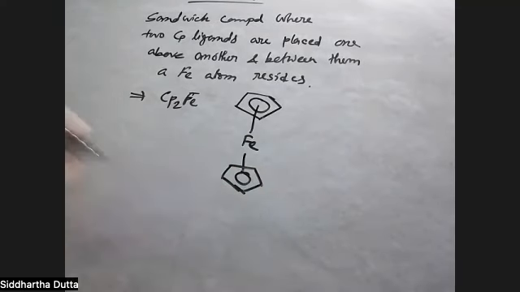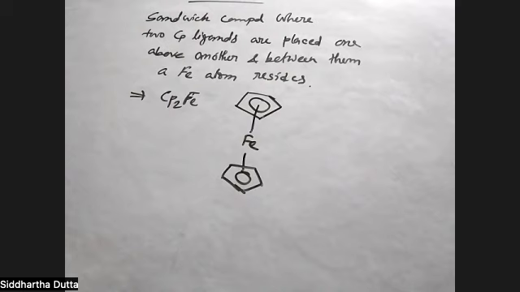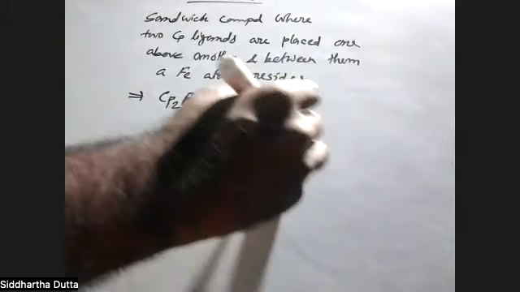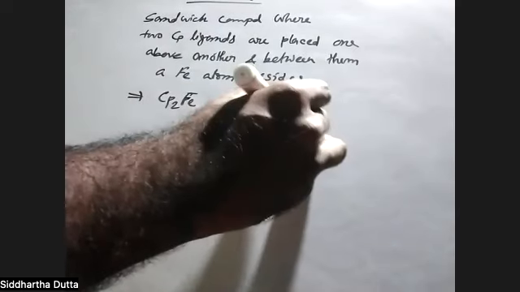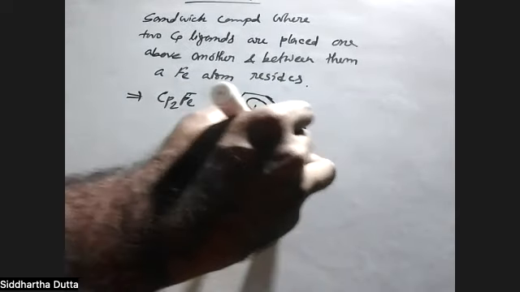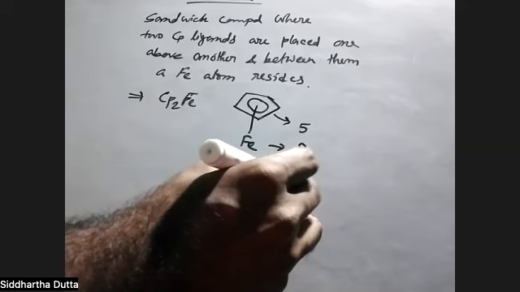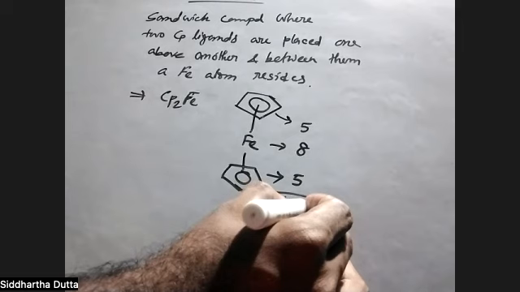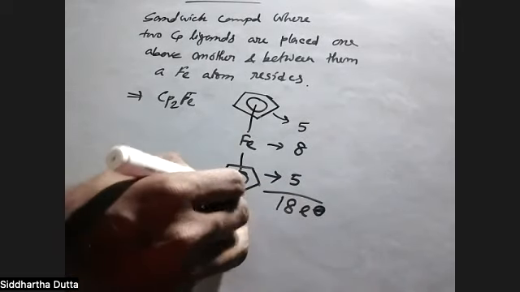In the electron count, each Cp gives 5 electrons, Fe is 8, so total 18 electron complex. So it follows the 18 electron rule. So it is stable and it is yellow in color.